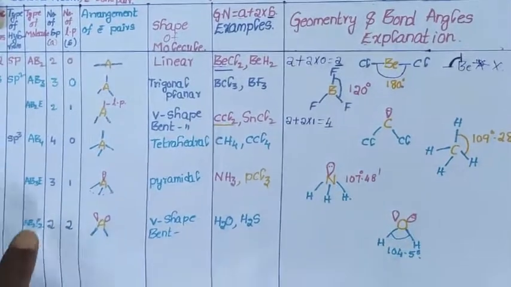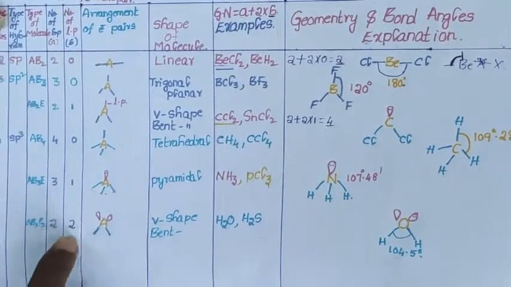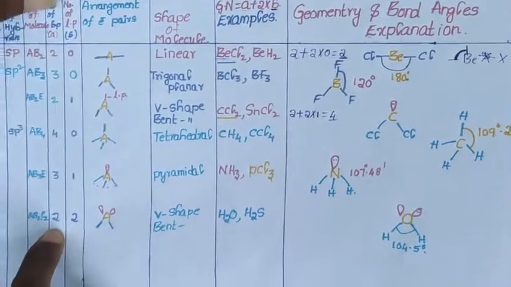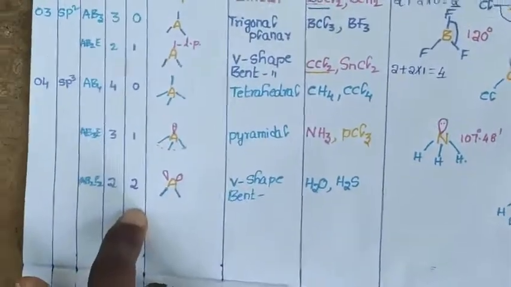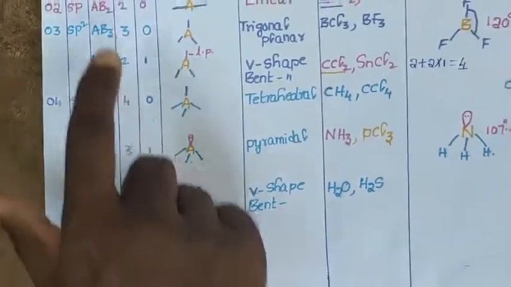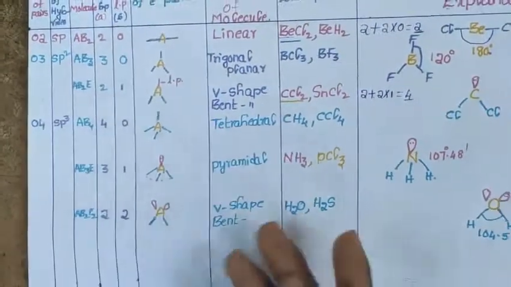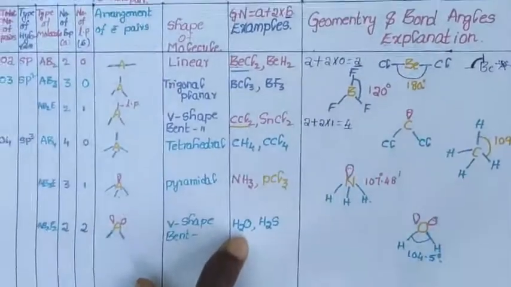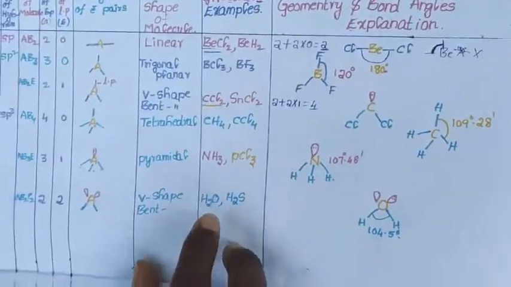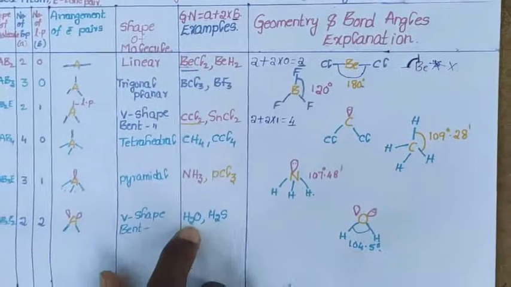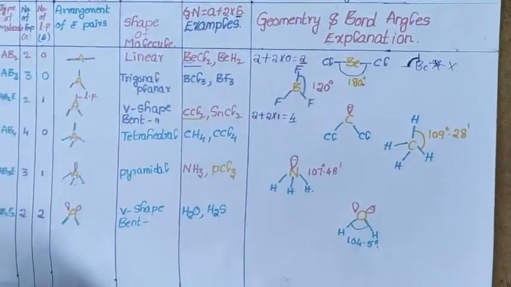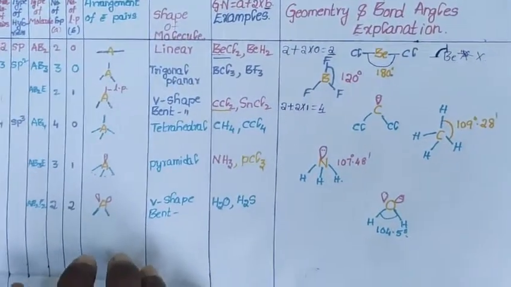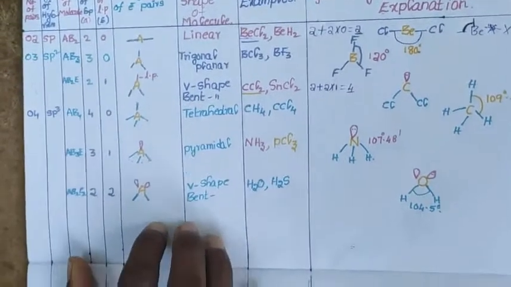They ask questions like: 2 bond pairs, 2 lone pairs, what is the example? They give options: H2O is given, the remaining are given. So you pick H2O. H2O has 2 bond pairs, 2 lone pairs. Questions like that are asked in MSET and NEET exams.